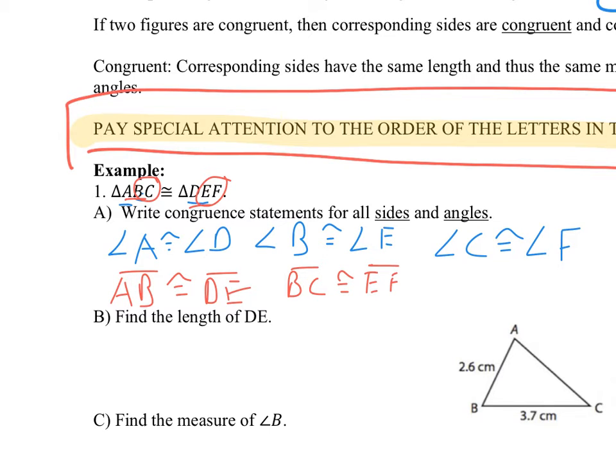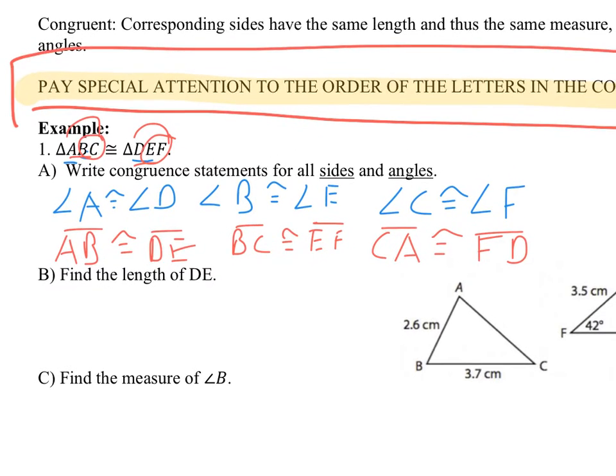And last, then you have CA and FD. CA is congruent to FD. All right. So there's our congruence statements.